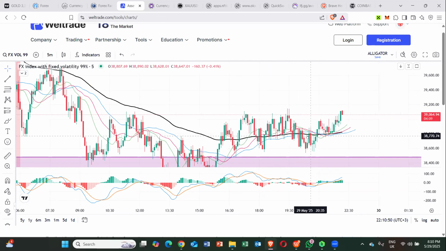I was having 3 positions. I decided to close 2 positions, so only 1 position remains right now. All right, so we'll leave here. We'll look for another trade, another asset to analyze.